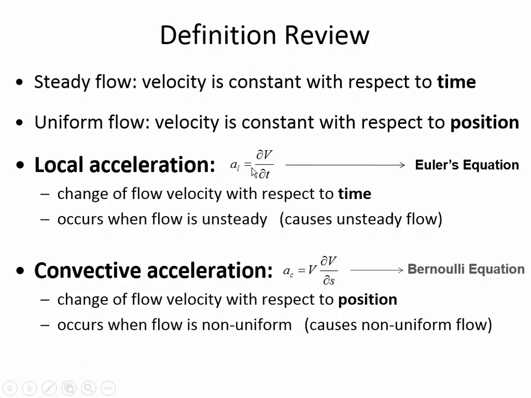Local acceleration is where we're going to get Euler's equation from, and convective acceleration is where we're going to get Bernoulli's equation from. And both of these equations allow us to understand the relationship between elevation, pressure, and velocity. Because we already have an equation that tells us the relationship between elevation and pressure.